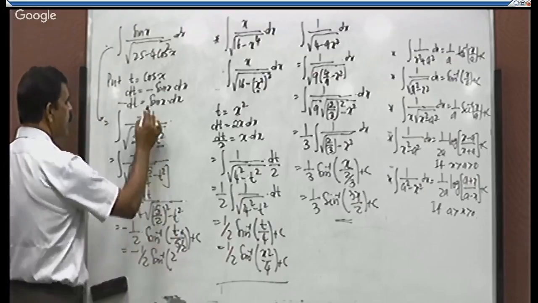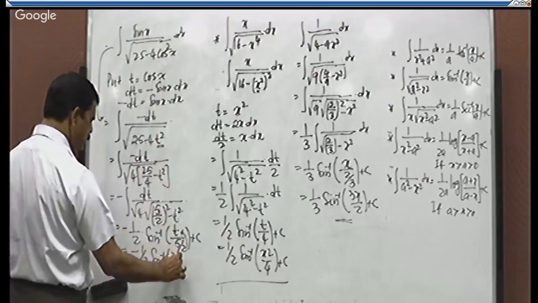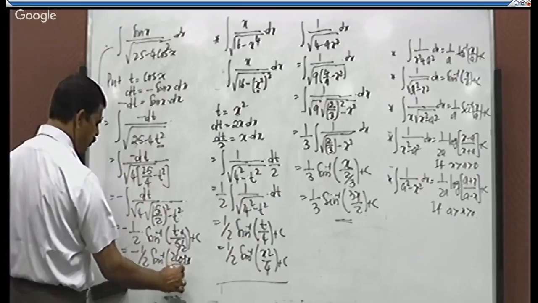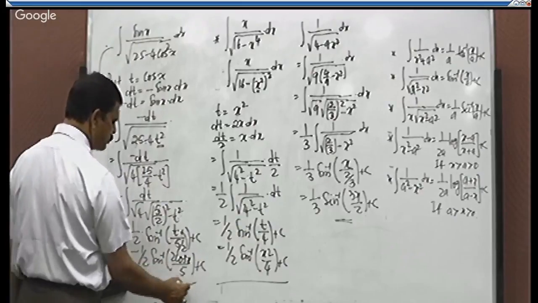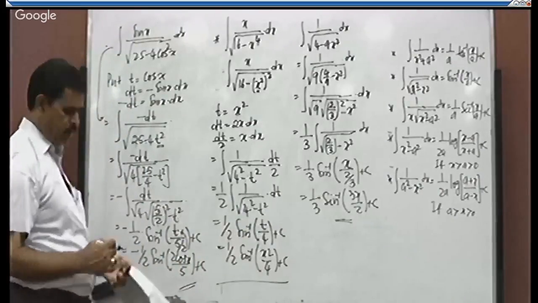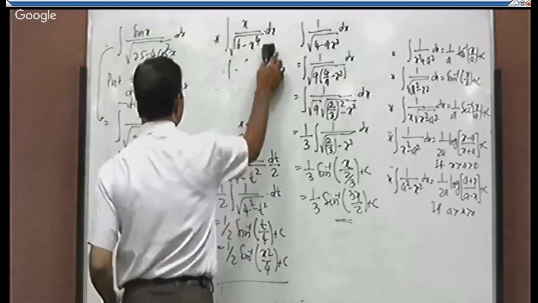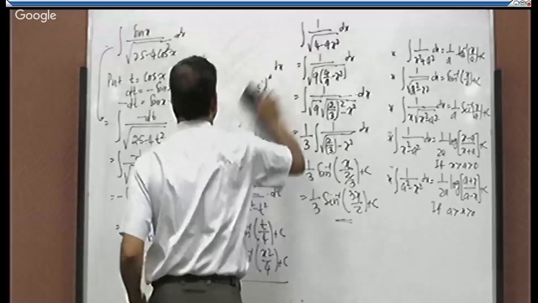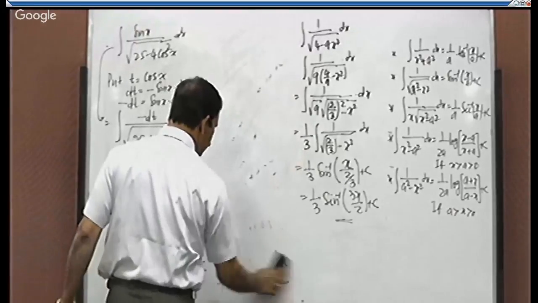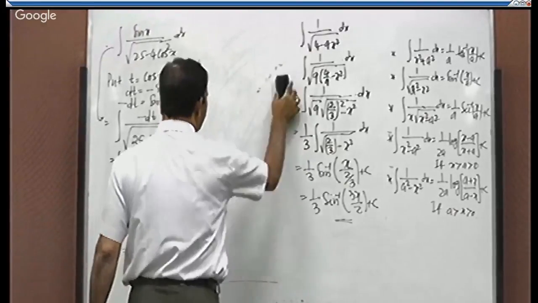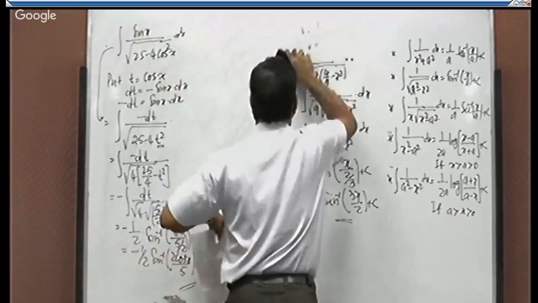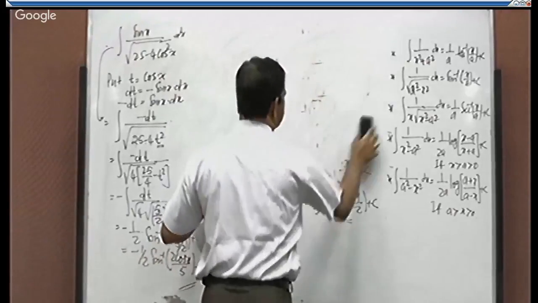What is t? t is equal to cos x. So cos x divided by 5 plus c. So these are a few examples related to the second standard form. In the same way, we can do it for the third, fourth, and fifth.